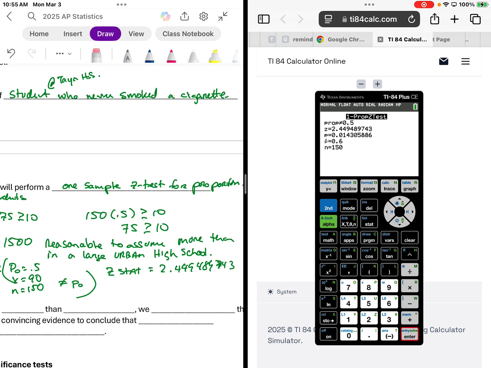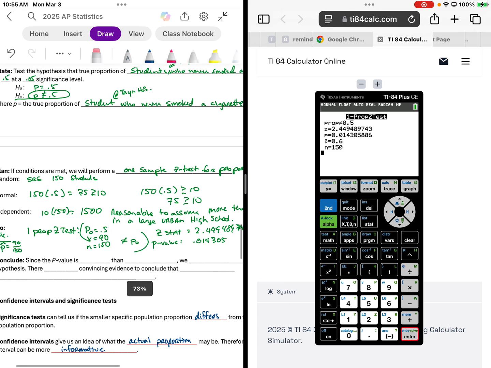So that's the answer to that fraction when you did the subtraction and divided by the square root of the standard error. That's what that answer was. And then what is my p-value? My p-value was 0.014305. I don't need my p-hat, but they gave it to me.